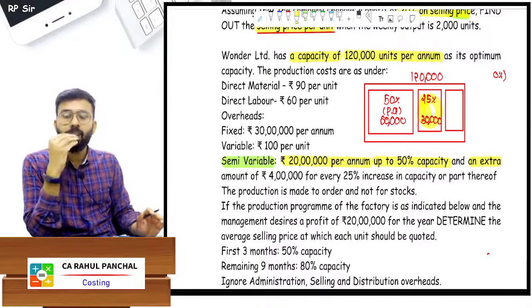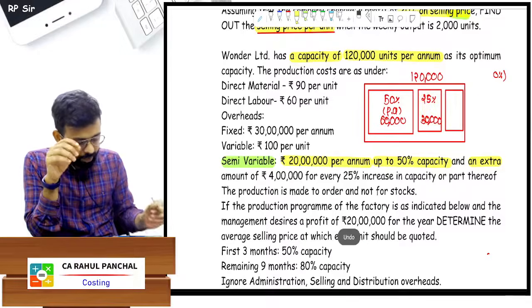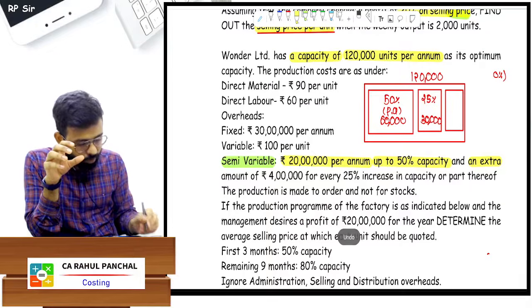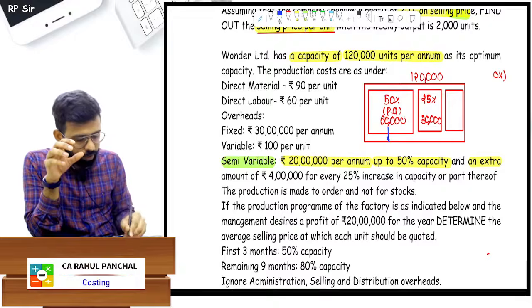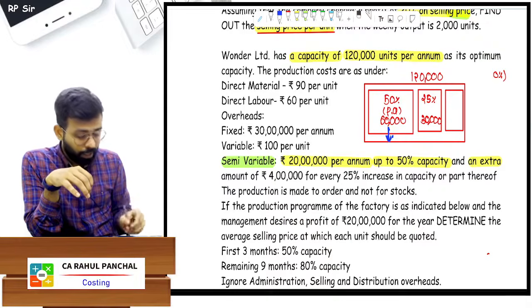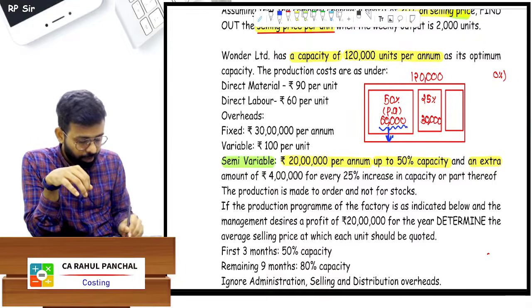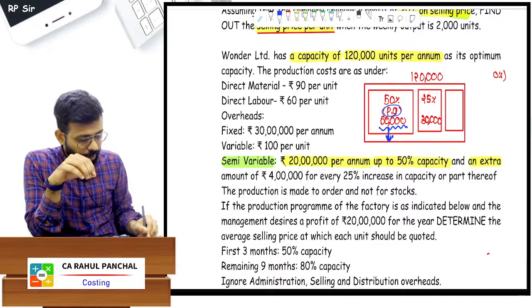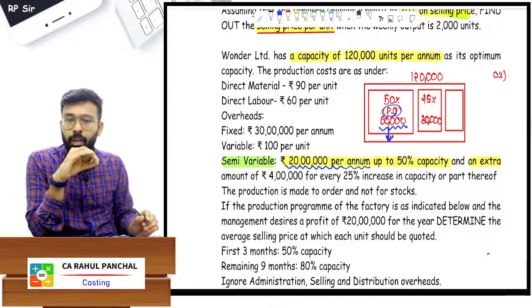The rent data will be given in the question. As of now, when I am working at 50% capacity I can produce 60,000 units in 1 year, and for that I will have to pay 20 lakh rupees per annum as my cost, which is a semi-variable cost.